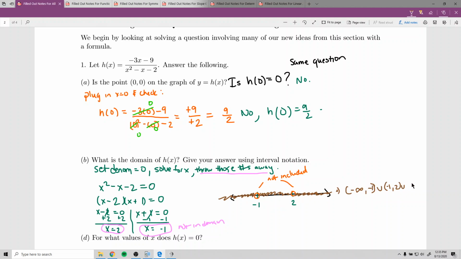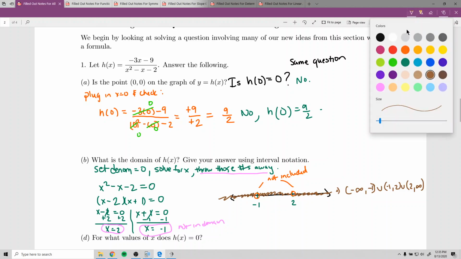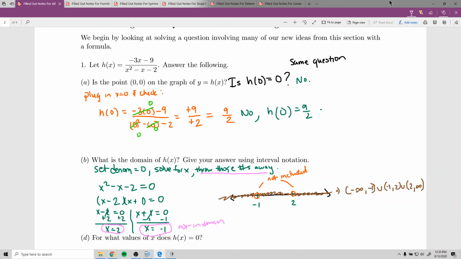Then we have one more interval, so we have another union. And the last one is 2, going right forever to infinity. This is our answer in interval notation: negative infinity to negative 1, union negative 1 to 2, union 2 to infinity.